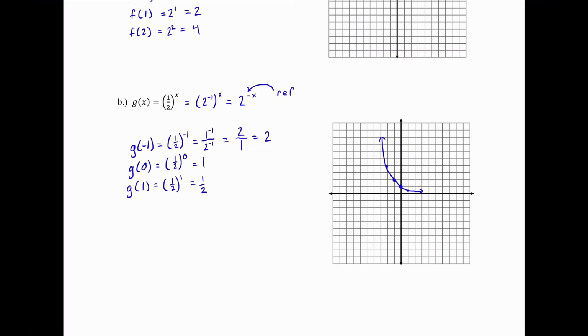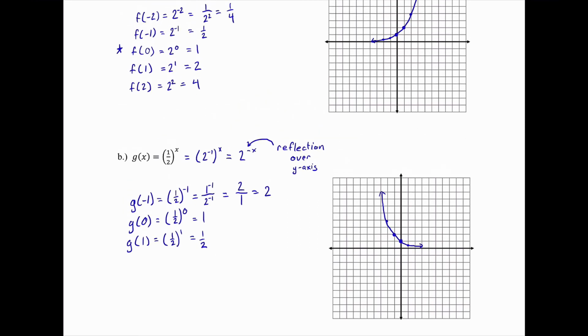The question then is, over what axis? Well, because it's in the exponent, the x being negated is going to cause a reflection over the y-axis, taking all of the positive values and making them negative, and all the negative values making them positive. So you can see we have a reflection over the y-axis.